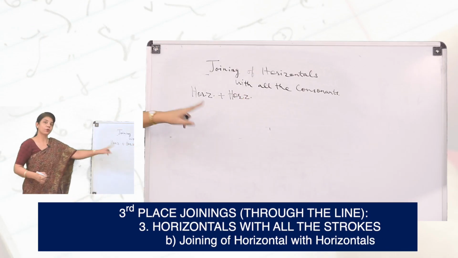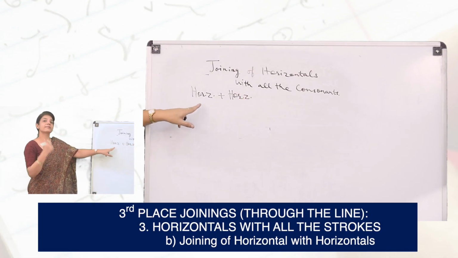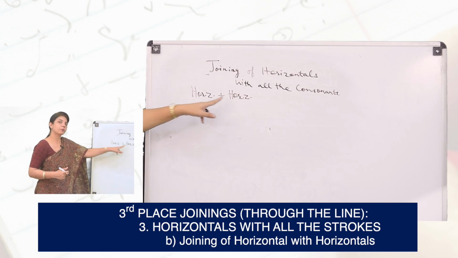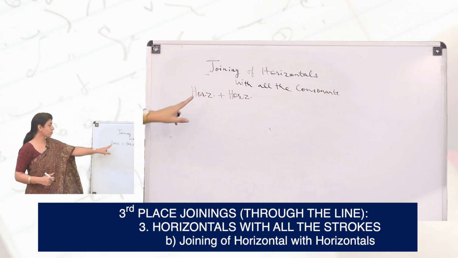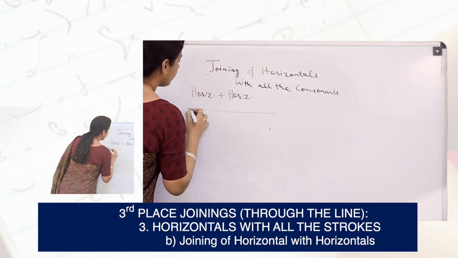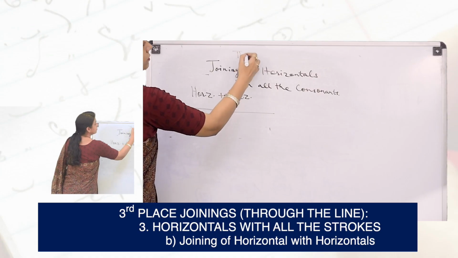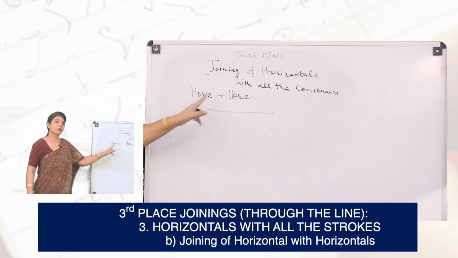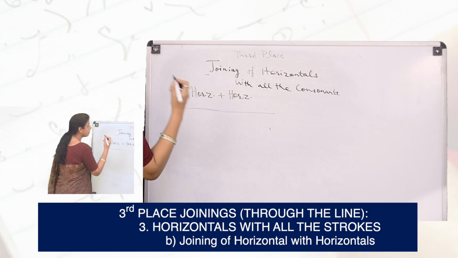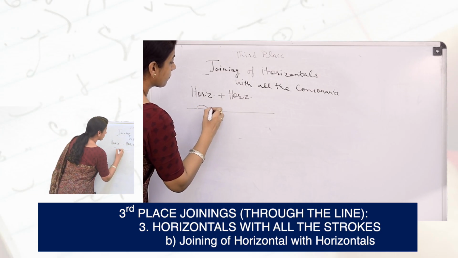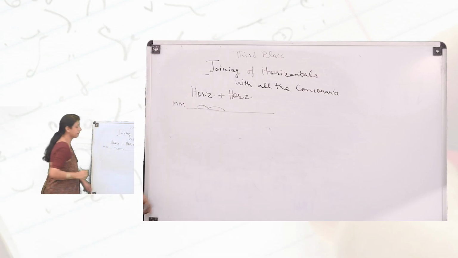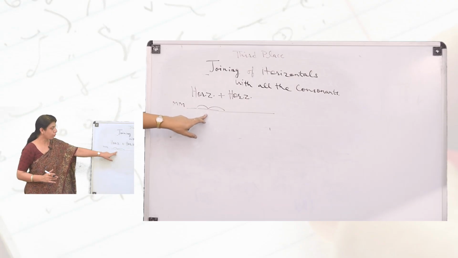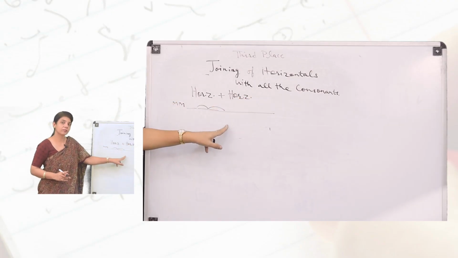Now horizontal plus horizontal. Now see, when we cannot write single horizontal through the line, obviously we cannot even have this joining through the line because both the consonants are horizontal in this combination. So in case of third place joinings, if we have a combination of horizontal followed by another horizontal, both the horizontals will be on the line. So this is going to be the same as we joined horizontal plus horizontal in second place.